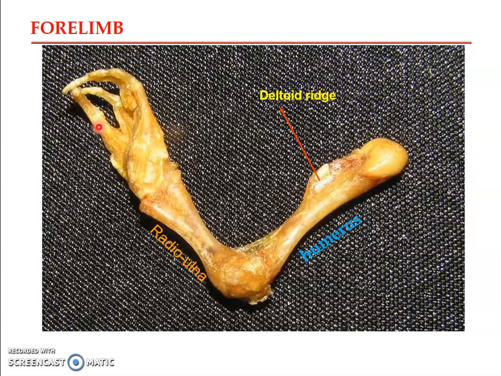It is absent. The digits associated with the remaining 4 metacarpals are supported by phalanges. The second digit bears 2 phalanges. The third and the fourth digits bear 3 phalanges each. So these are the bones in the forelimb.